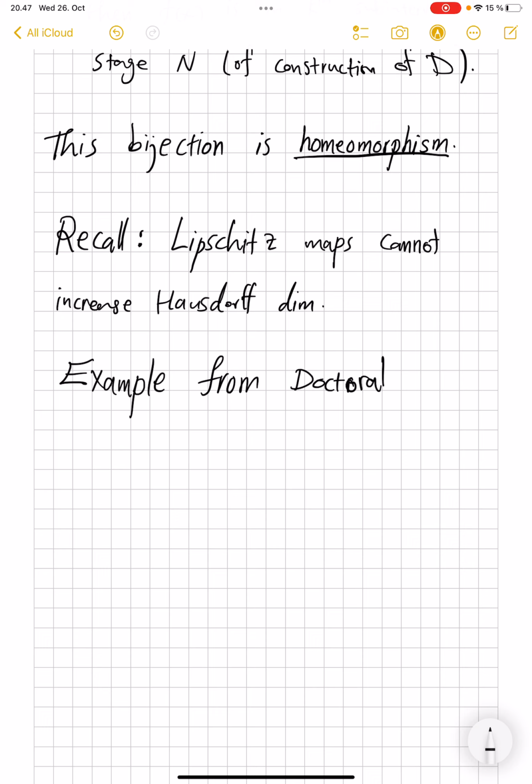The example is from the doctoral thesis of Rachel Lawrence Philip from the University of Zurich.